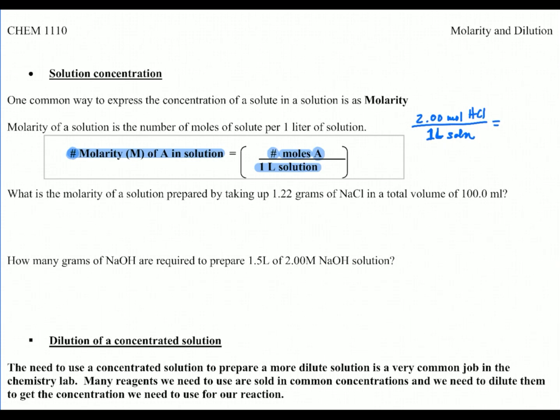That is the same as saying it is 2.00 capital M molar HCl, meaning this capital M represents the moles per liter of solution. And then whatever the solute of interest is, that is right after that capital M.